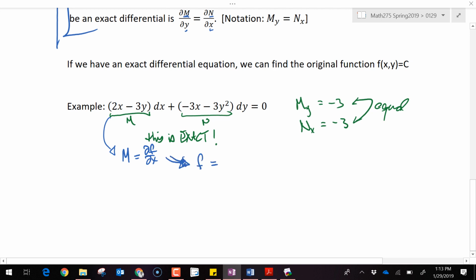So to find the f function, we want the opposite of the derivative with respect to x, which is the integral. So we want to integrate m with respect to x, and we'll do integral with respect to x notation. So we want to find the integral of 2x minus 3y with respect to x, treating y as if it was a constant. So this is x squared minus 3xy plus c.